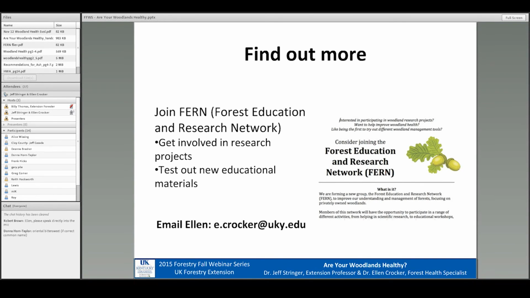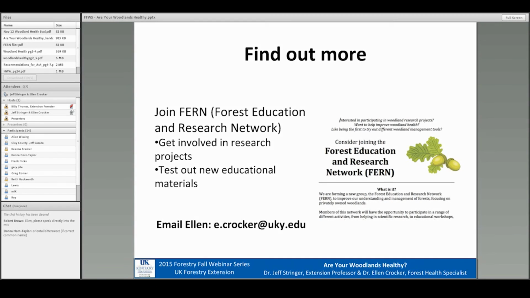It's a group that we're just starting, trying to get together, of woodland owners who are interested in being involved in research projects, in testing out new educational materials, and in being part of the process of what we do in extension and scientific research for better understanding woodland health and what's going on in our woodlands. If that sounds like something you'd be interested in, we'd love to have you in this network.